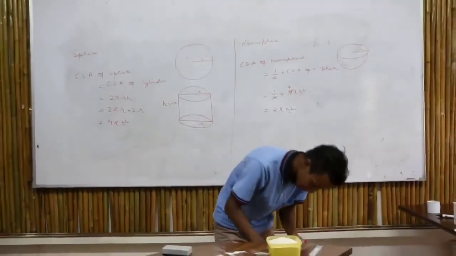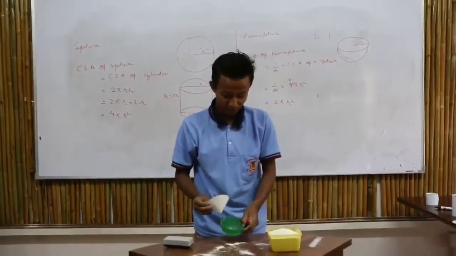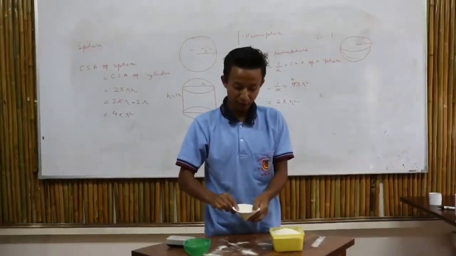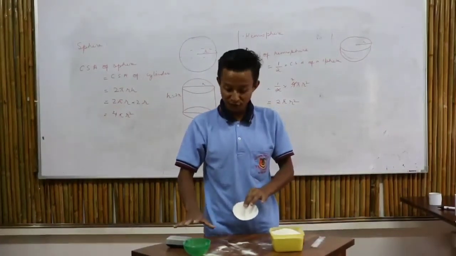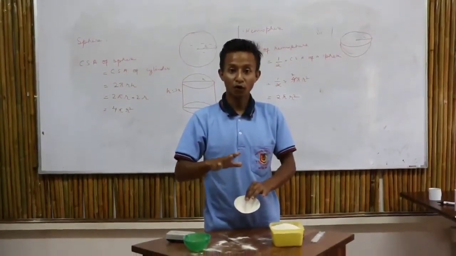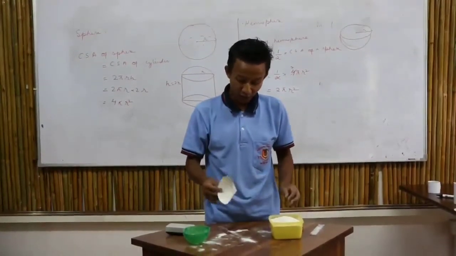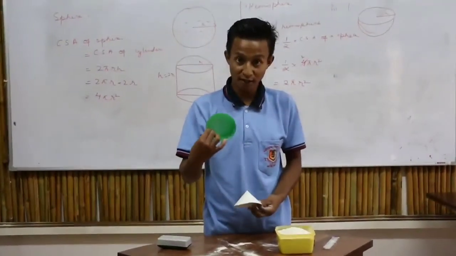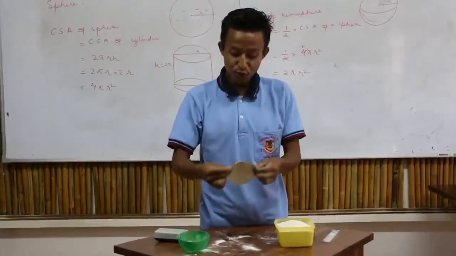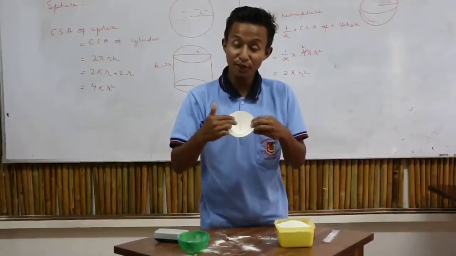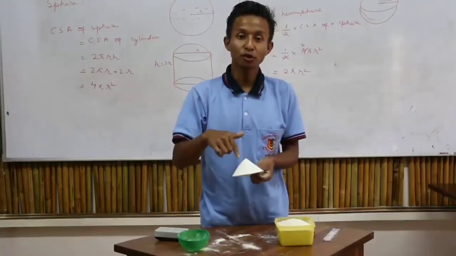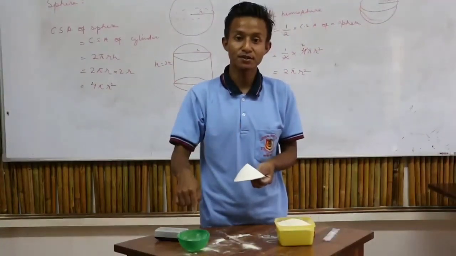I have with me a hemisphere and a cone because the volume of the hemisphere can be obtained by the volume of the cone, right? So I have with me a hemisphere of radius r, and this cone is of same radius as that of the hemisphere, and the height of this cone is equal to the radius of this hemisphere.